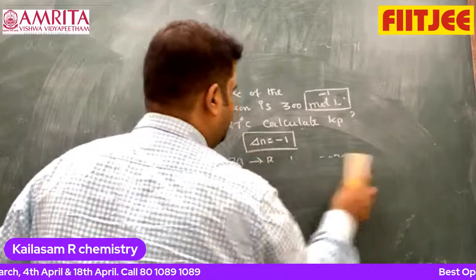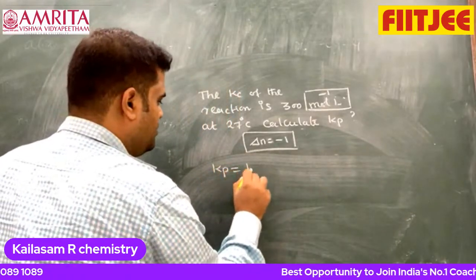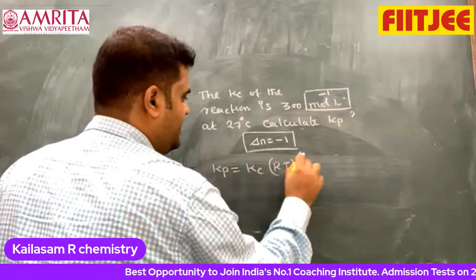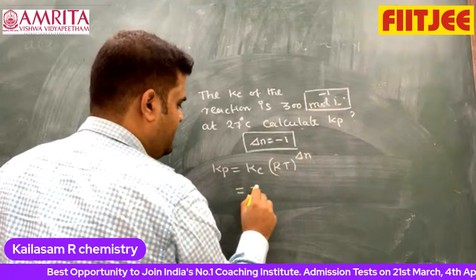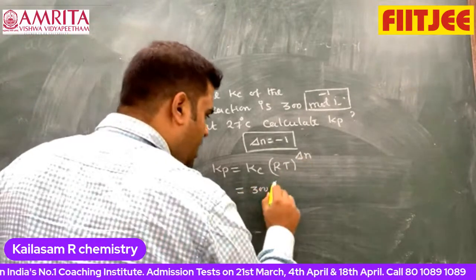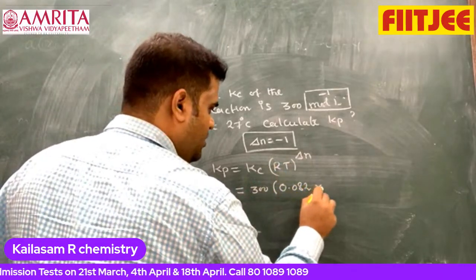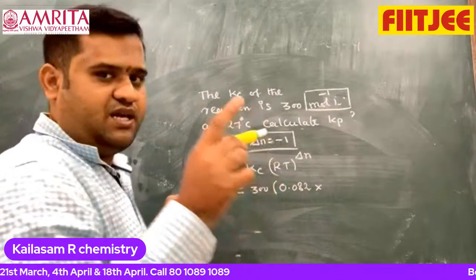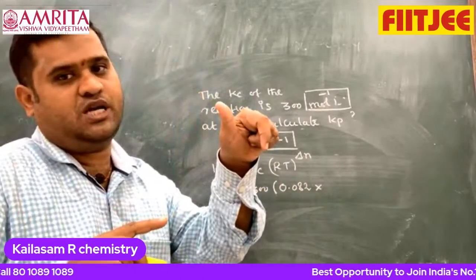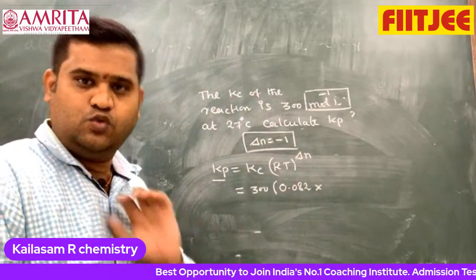Now you know the relation. What is the relation? Kp is equal to Kc (RT) whole power delta N. Kc is given as 300, am I right? Now what R value are you going to use? 0.082. Why? Because Kp means the equilibrium constant with respect to partial pressure, so the unit of pressure is atmosphere. So obviously here you have to use 0.082.